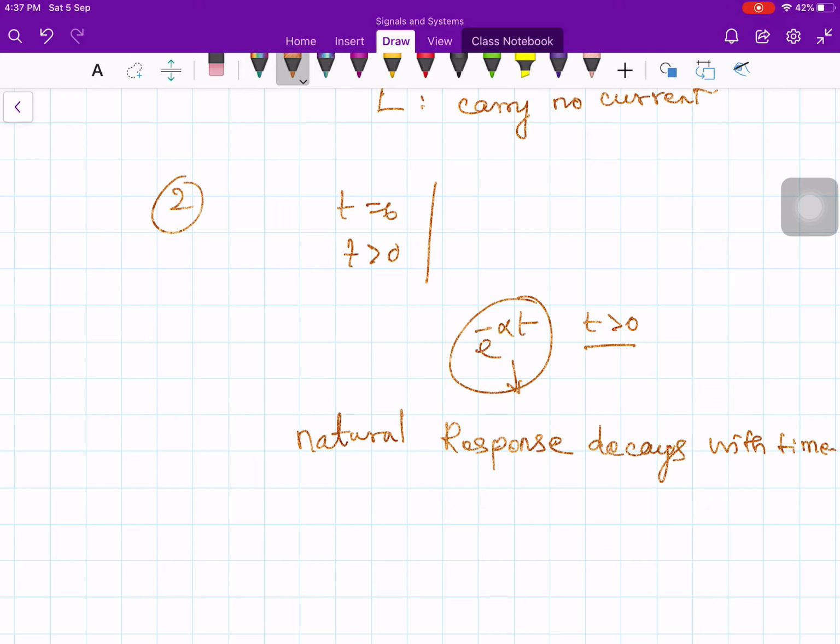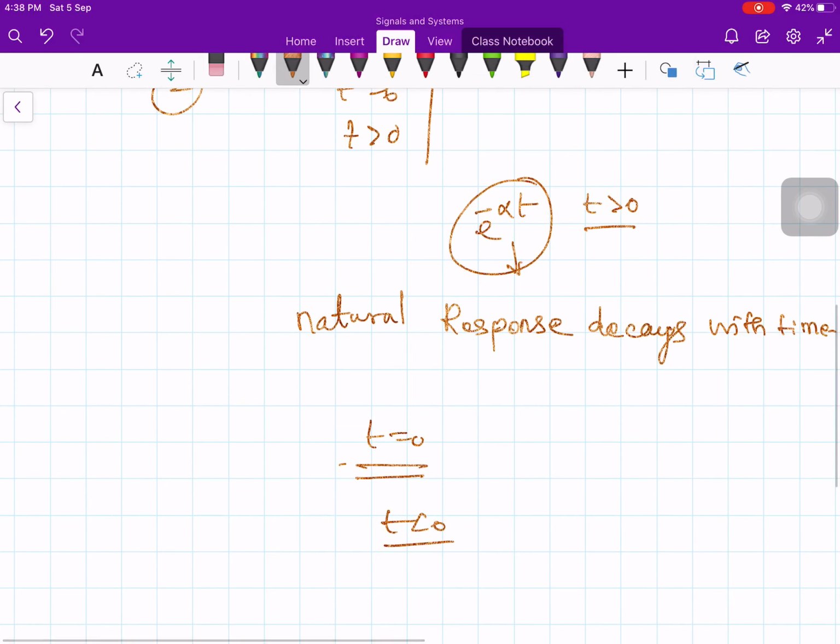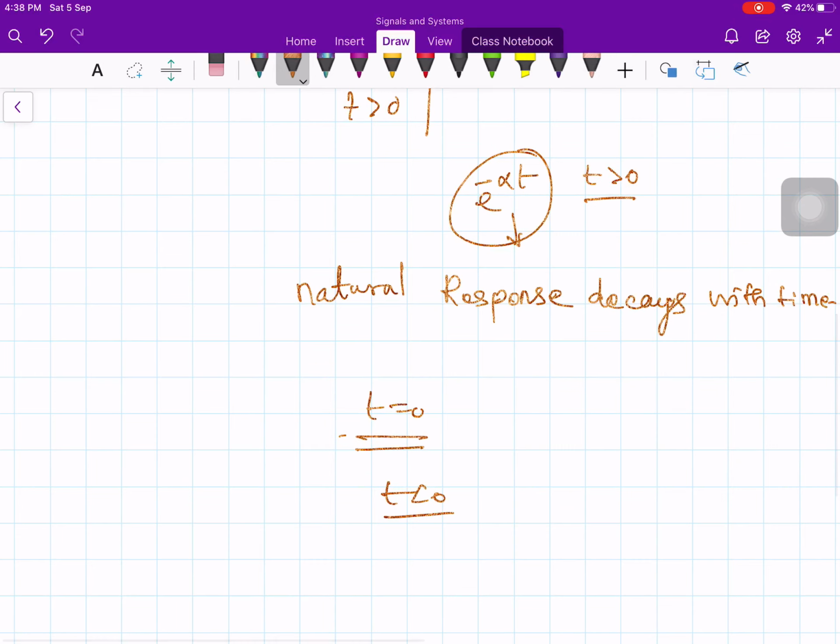Under these two assumptions, when we have an excitation switched at t equals 0, you are connecting the input at t equals 0, we expect the response also to be 0 up to t equals 0, because the network is assumed to be causal. Therefore, any excitation that is applied at t equals 0 cannot produce a response prior to that.